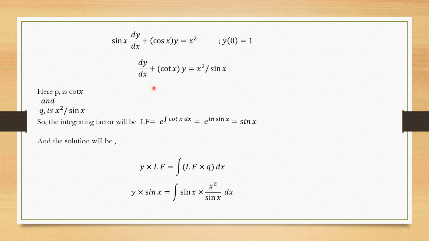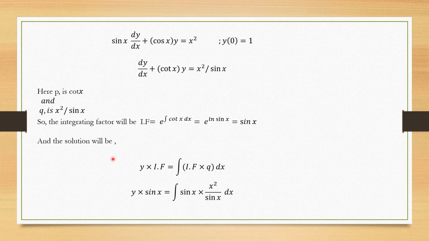So here we can take cot x as P and x square by sin x as Q. So the integrating factor will be e to the power integration of P dx, that is e to the power integration of cot x dx. Again we know that the integration of cot x is ln sin x. So the integrating factor will be e to the power ln sin x, which is equal to sin x.